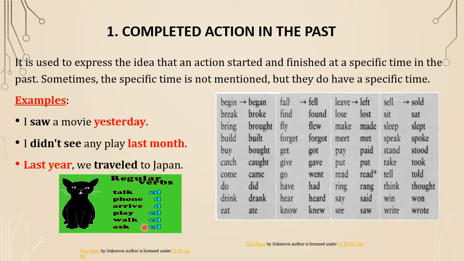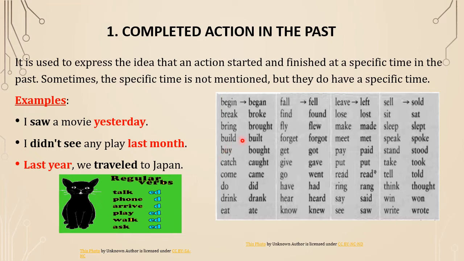But remember one thing, if the verb already has an e at the end, then add only d, no double e. Phone, phoned, there is already an e. Arrive, arrived, no double e. So these are the regular verbs which are turned into their second and third form by adding ed only.